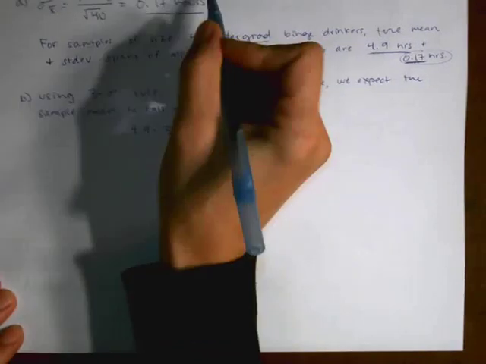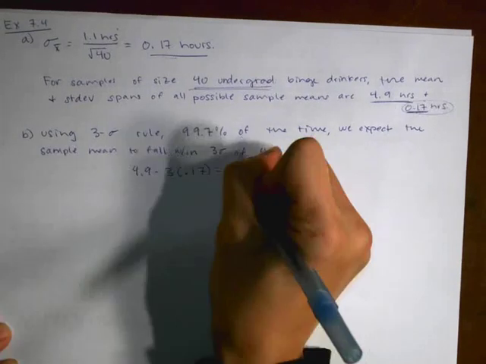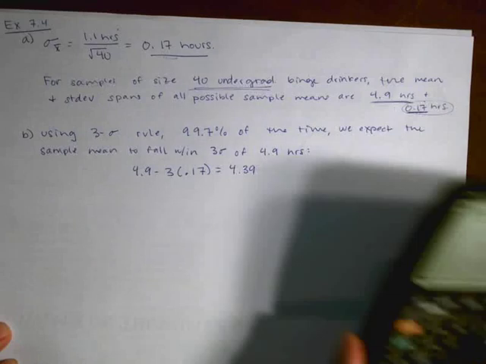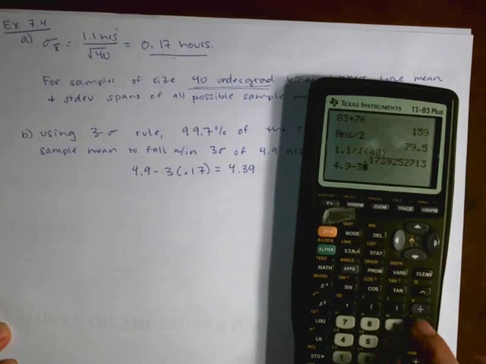So 4.9 minus 3 standard deviations times this 0.17, which was our standard error of the mean, that equals 4.39.